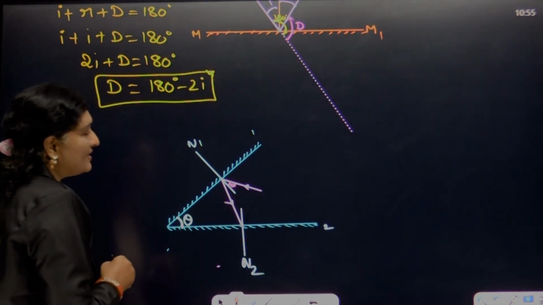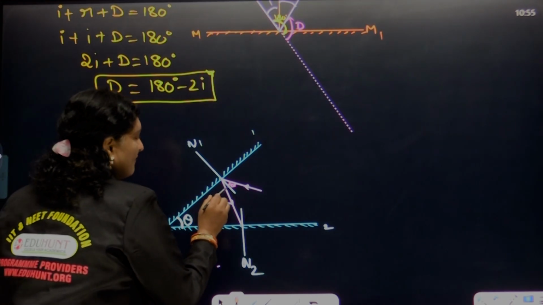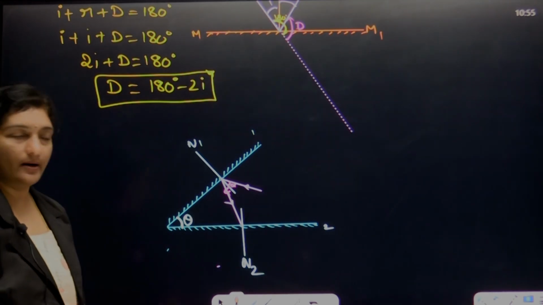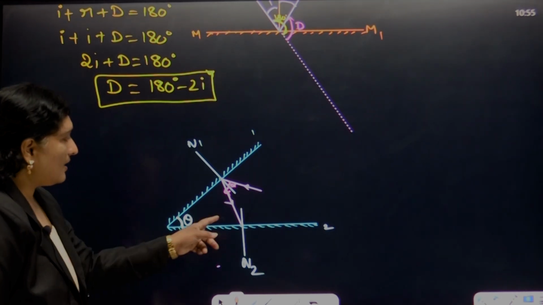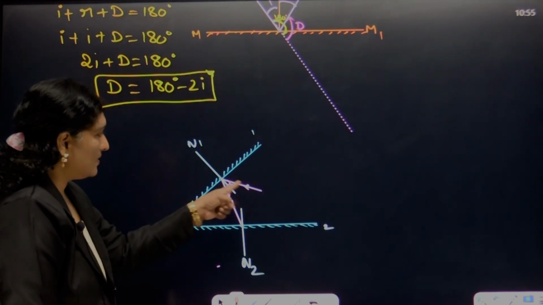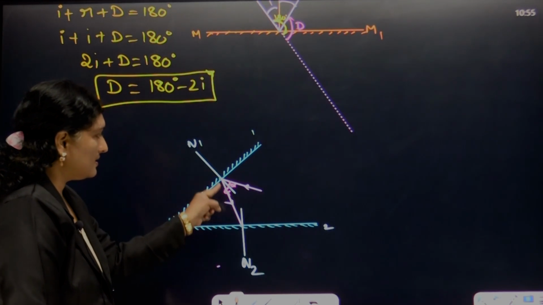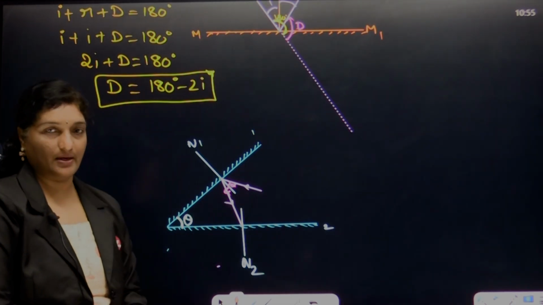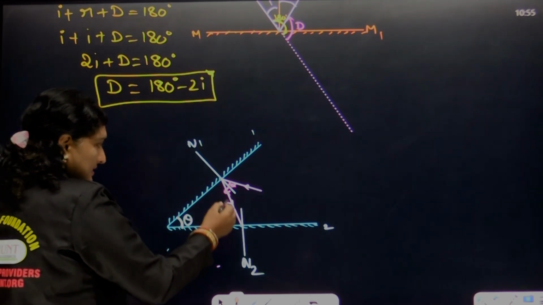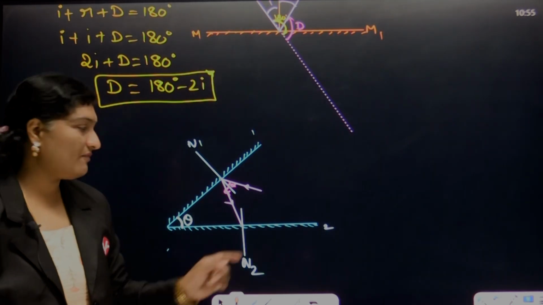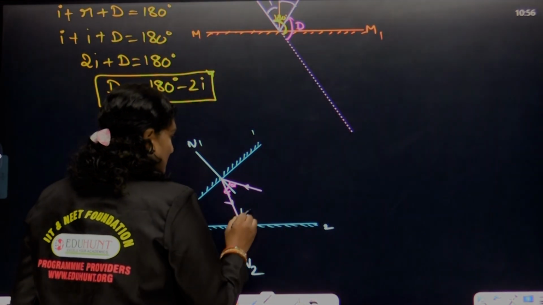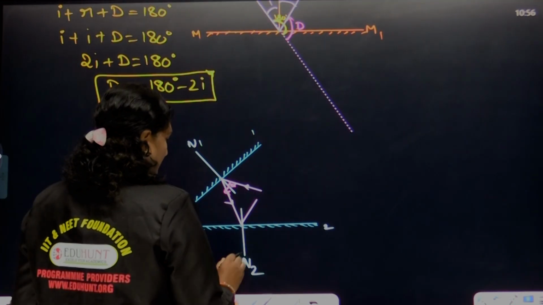If the angle of incidence is alpha, then the angle of reflection must also be equal to alpha. Is it clear? Then, this is your incident ray for the first mirror and this is your reflected ray for the first mirror. Whereas for the second mirror, this line will be the incident ray, and this will be the reflected ray for the second mirror.